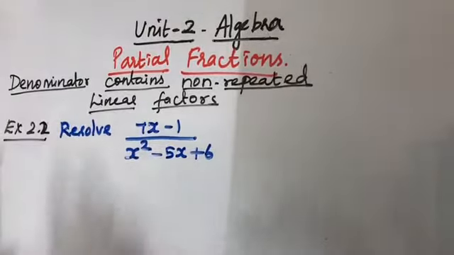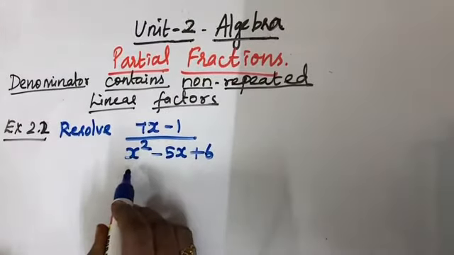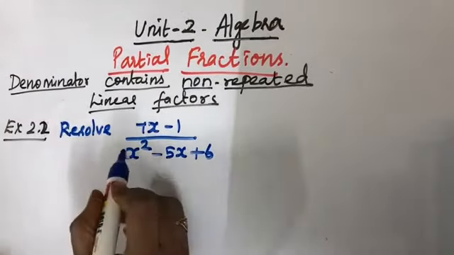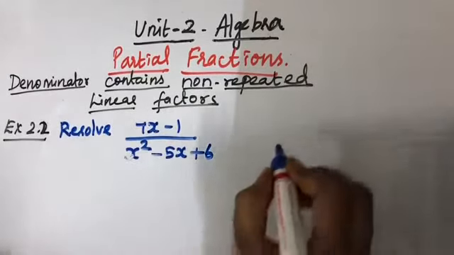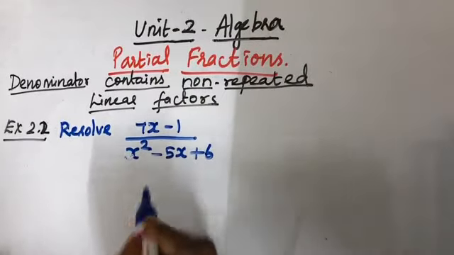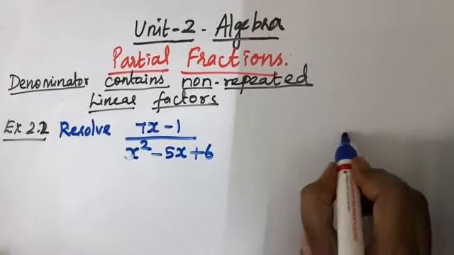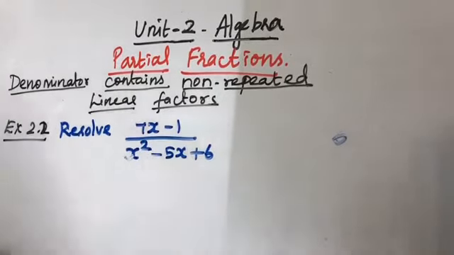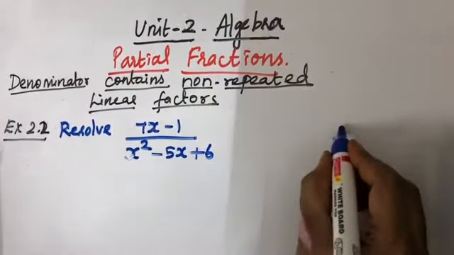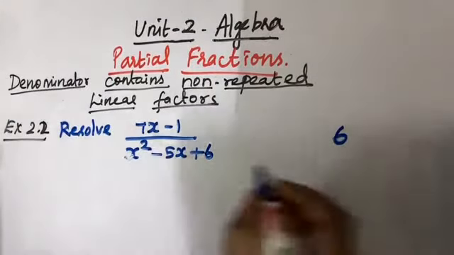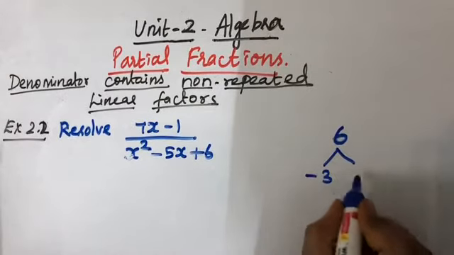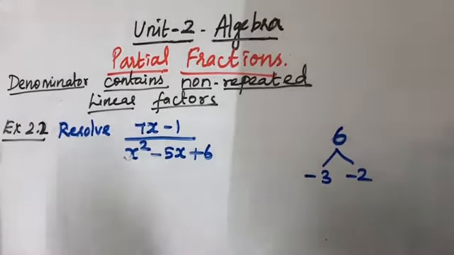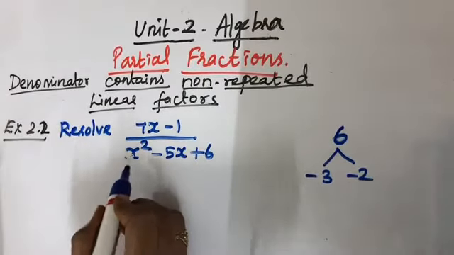So we first have to factorize this denominator and split it into linear factors. x square minus 5x plus 6. What are the factors of 6 so that we can factorize it? Minus 3 into minus 2. These are the factors of 6.